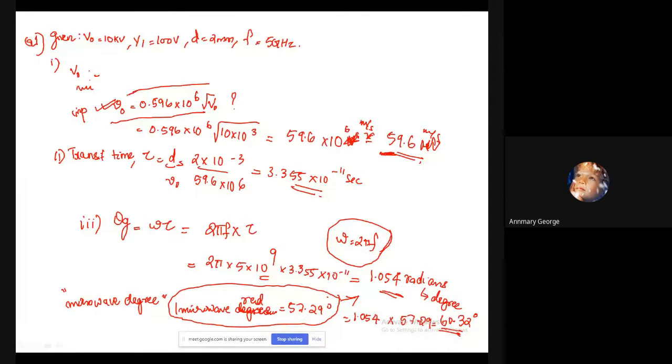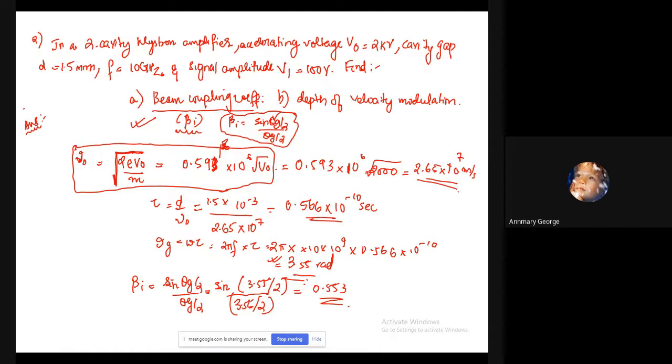V0, tau, theta g. Please write these equations in your notes. All questions you have to complete in your notes. Then the beta I equation, which is very simple: beta I is sine theta g by 2 by theta g by 2.